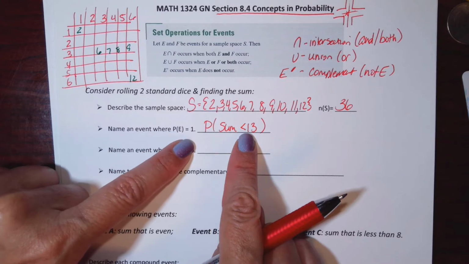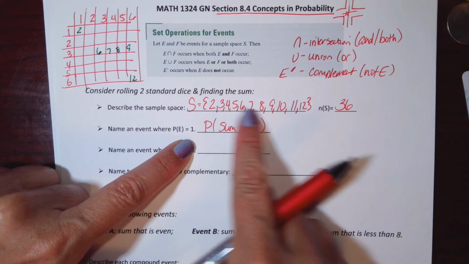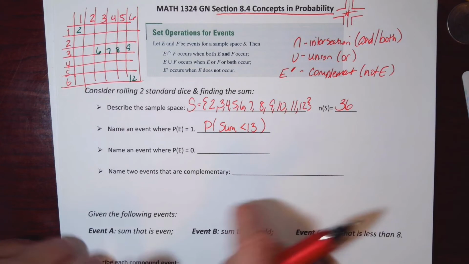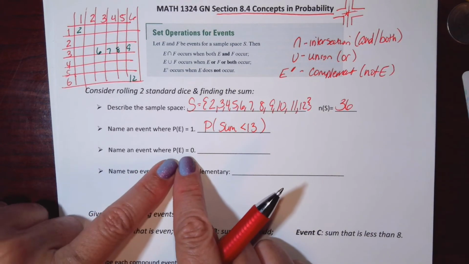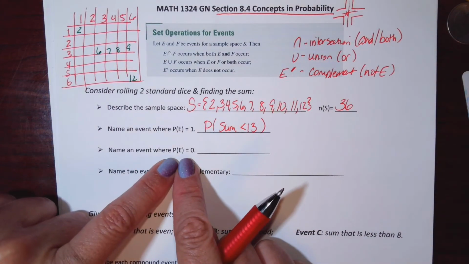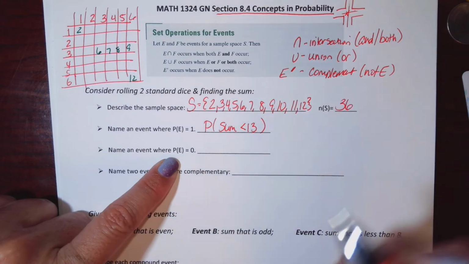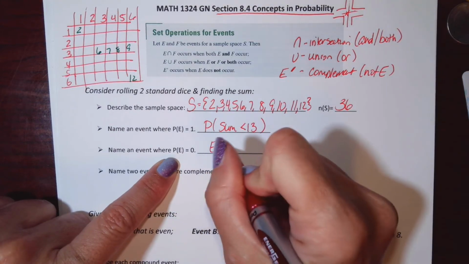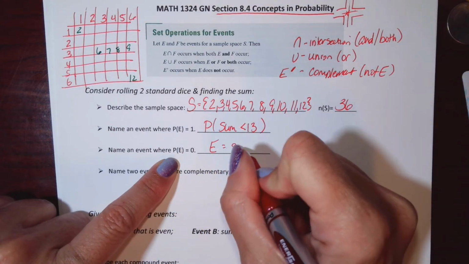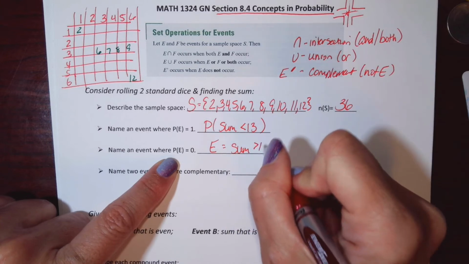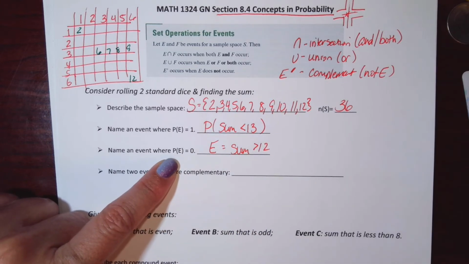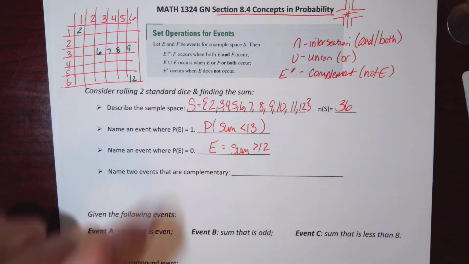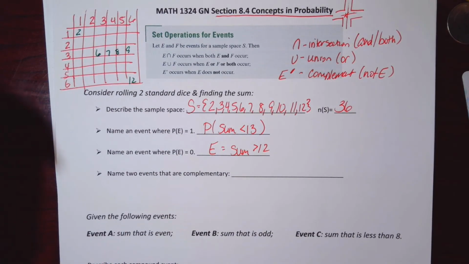My probability is 1, because every sum is less than 13. What's an event whose probability is going to be 0? So it can't happen. Let's do it this way: the event would be the sum is greater than 12, because 12 is the largest possible value, so that one can't happen.